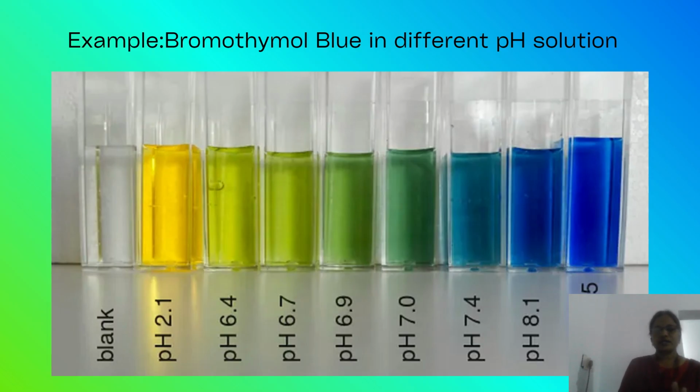If you are near 6.4 pH, it becomes lemon yellow. Then it slightly changes to blue, which will be 7. If it is more than 7, the intensity of the blue color gradually increases and becomes dark.